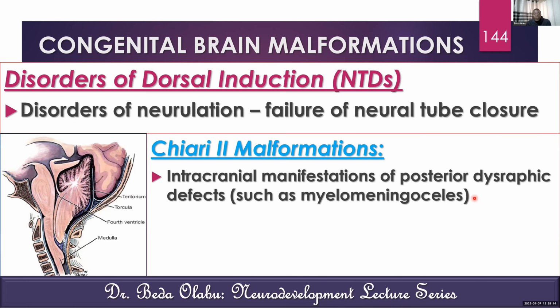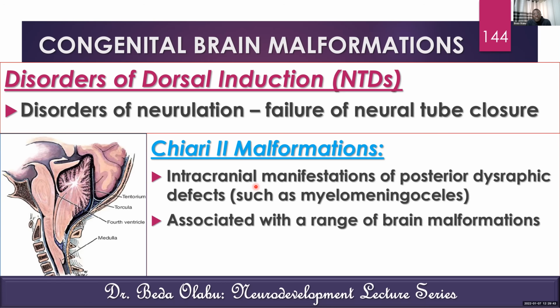So because of fixing of the lower part of the spinal cord, there would be some pull effect on the cranium. So Chiari 2 malformations represent a constellation of malformations which are due to that kind of mechanism. They are intracranial manifestations of the dysraphic disorders.